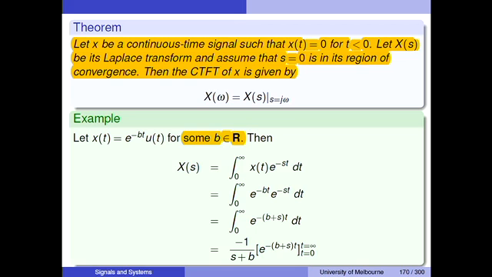So we first talked about if you have an exponential function, a decaying function, e to the power of bt u(t), and for some b belonging to R. I highlight this one. Why? Because when I was talking about Fourier transform, I have to require b must be a positive number, so that the integral from minus infinity to infinity of the absolute value of this signal will be less than infinity.